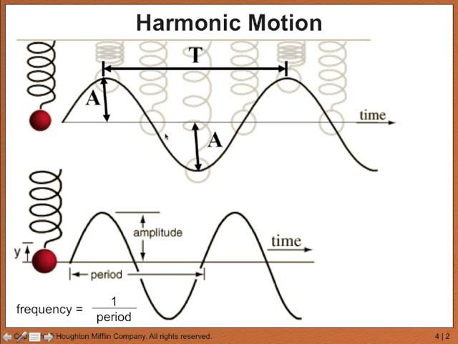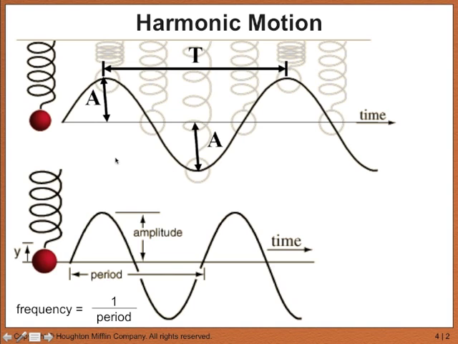Then it goes down and it's at this point of being stretched, and then it comes back up, goes through the equilibrium point, and then goes back up to being compressed, and then back down to the equilibrium point, and so on, and so on. Okay, so you can see if you follow that graph, keeping in mind that the advance of time is represented on the x-axis, then we can clearly see that we have a sine or cosine wave traced out.